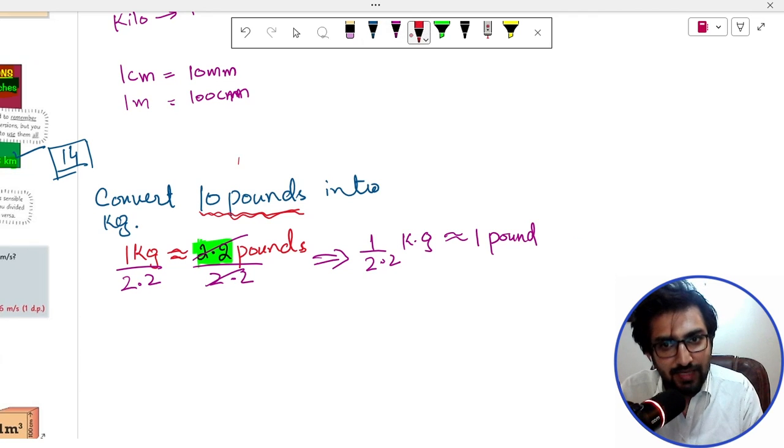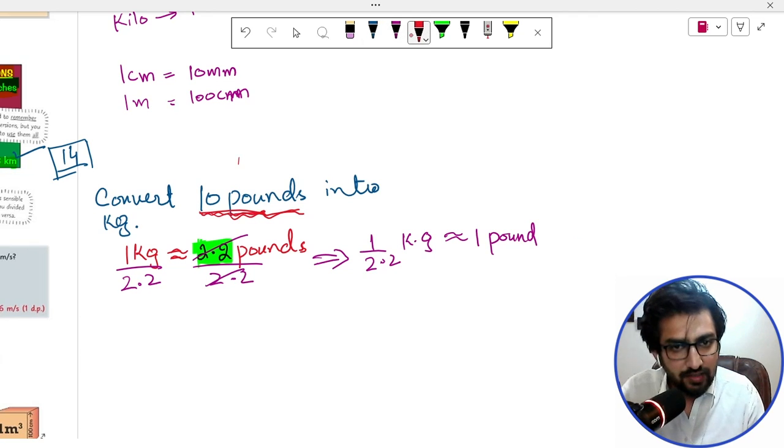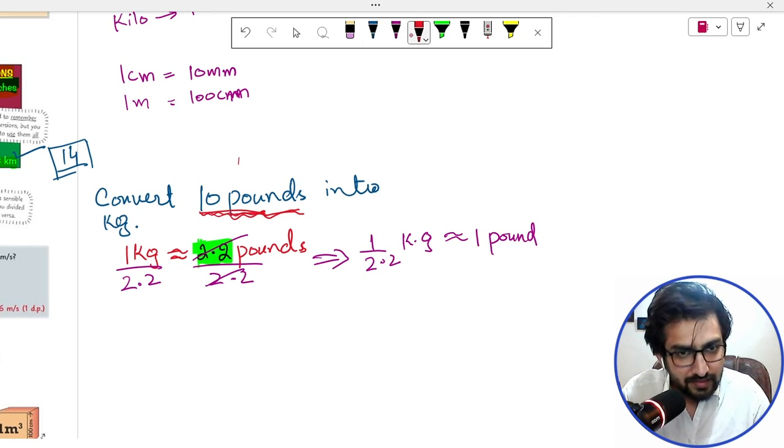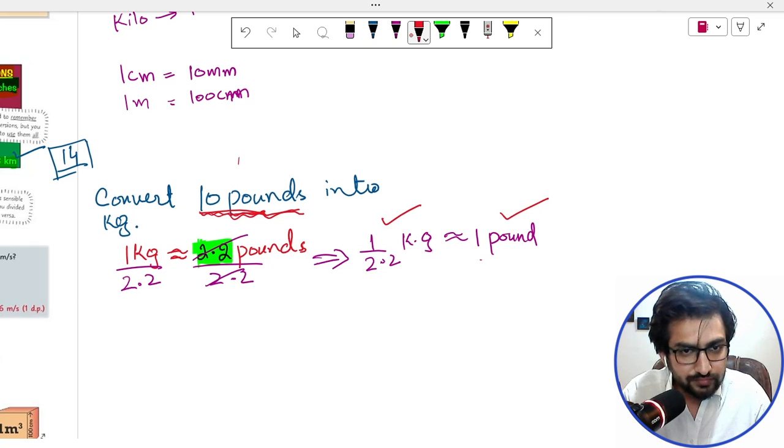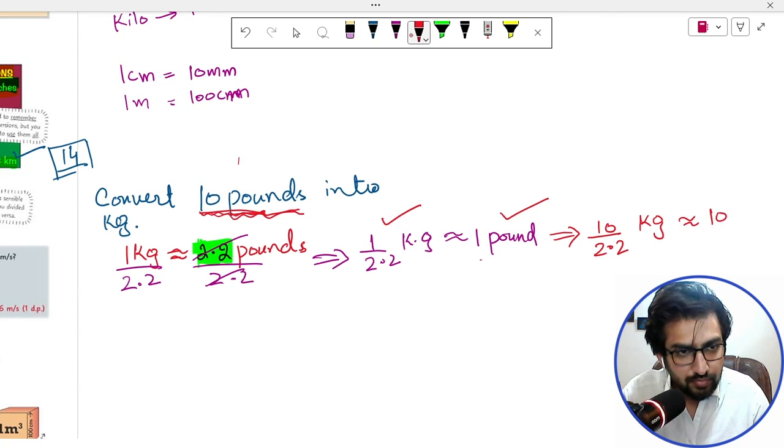Now you multiply 10 on both sides. When I multiply here, it will become 10 divided by 2.2 kilograms, almost equal to 10 pounds. So 10 pounds is equal to this many kilograms, which means 10 divided by 2.2. When you solve it, you will get 10 pounds in terms of kilograms.